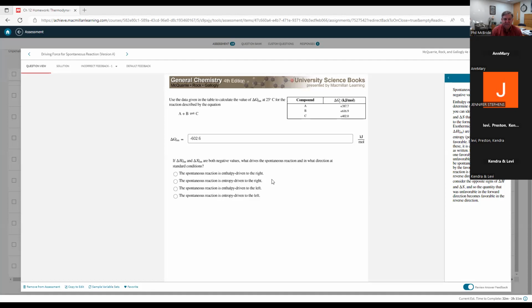Is it entropy? So if delta H is negative, is it spontaneous?